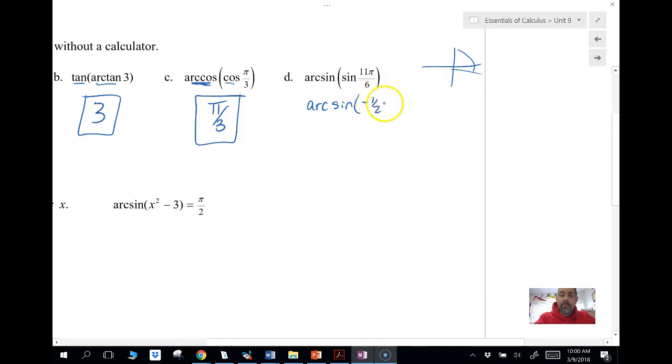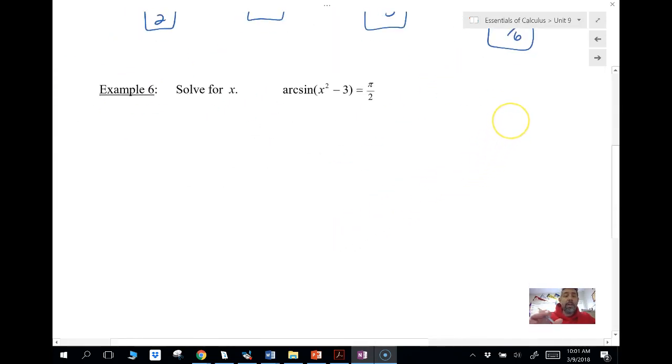That's going to give me -1/2. And so now that's going to give me negative pi over 6. Again, we can't just say this is 11 pi over 6. Remember, we got to go down for arc sine. So the correct answer is negative pi over 6. We got to be careful with those range restrictions, all right? We really got to be careful with that.